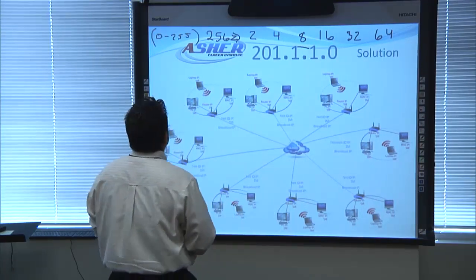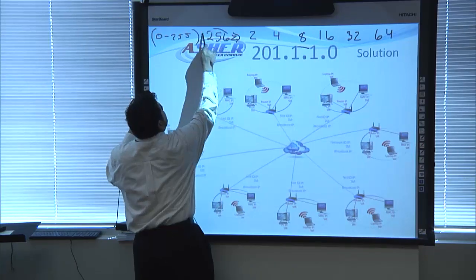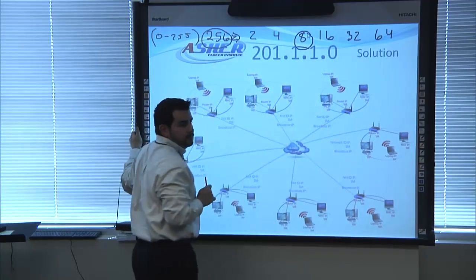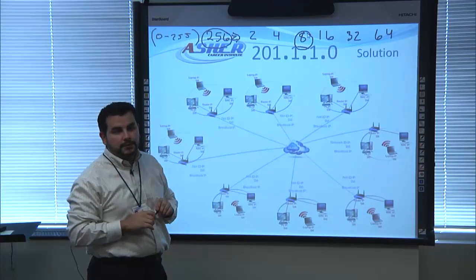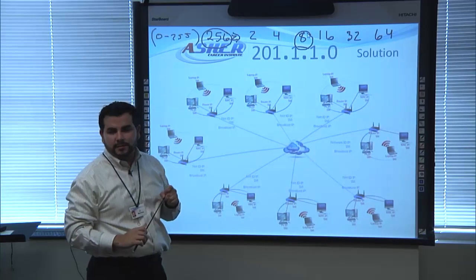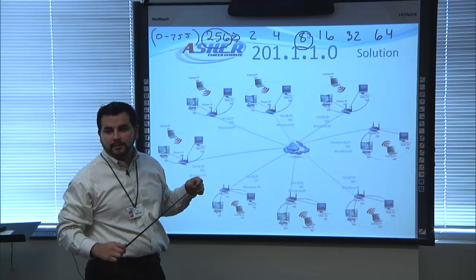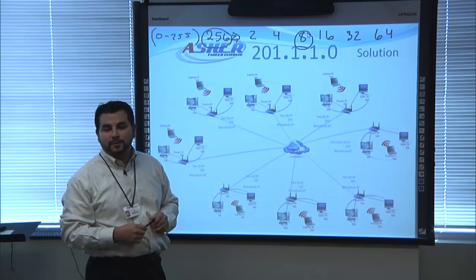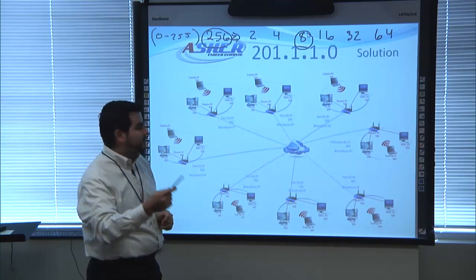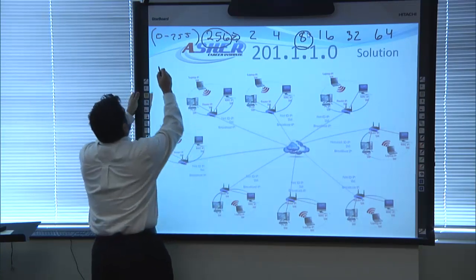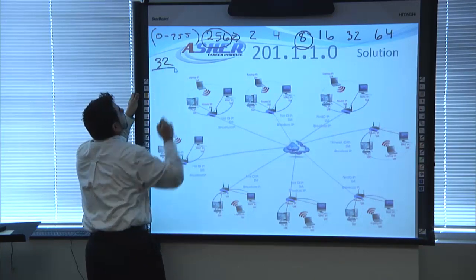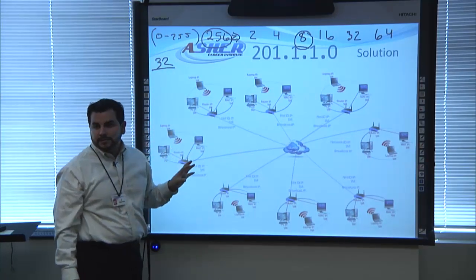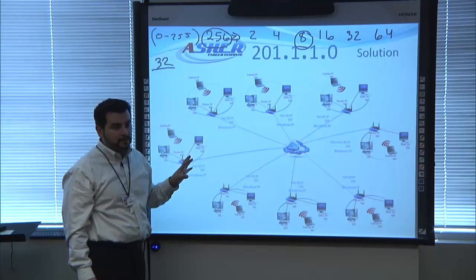So we're going to take 256 and divide it into 8 equal groups. There's a very easy math formula for that. Just take 256 and divide it by 8, and the answer is 32. So that means each one of these is going to get 32 IP addresses total, correct?